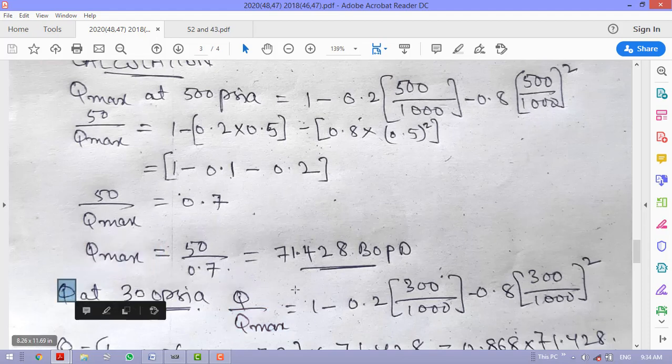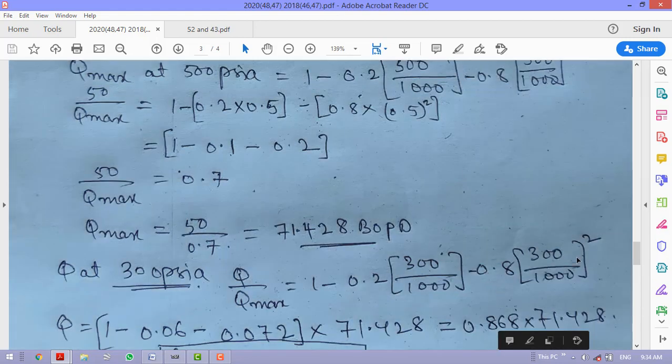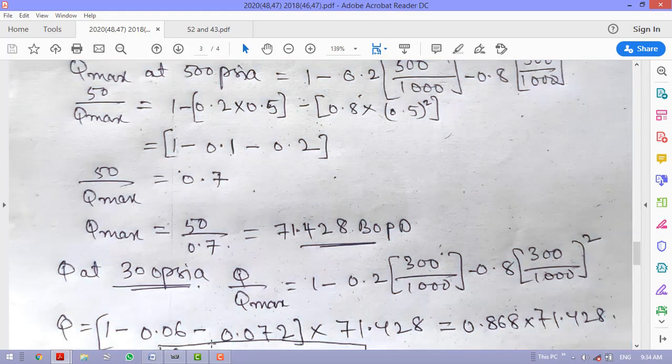The equation is Q by Q max is equal to 1 minus 0.2 into 300 divided by 1000, the shut-in pressure, minus 0.8 into 300 divided by 1000 whole square. If I simplify that, Q equals 1 minus 0.06 minus 0.072 into 71.4. This 71.4 is your Q max.